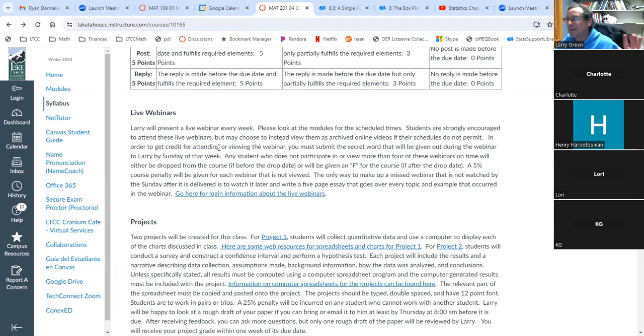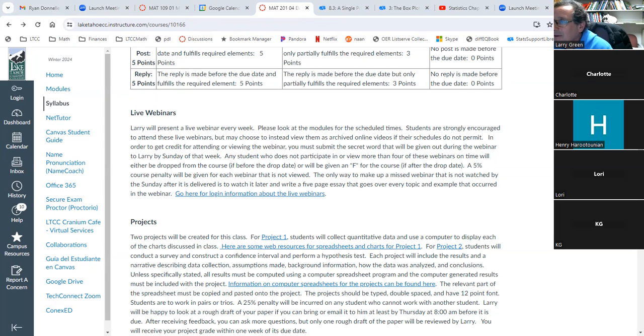I'll make it very loud and you'll know it when you're listening, whether you're watching it on YouTube or watching it live. There will be a secret word. You write it down. And then each week there'll be a secret word quiz where you're asked one question: what was the secret word? You put the secret word in, and then you get credit. Got it?